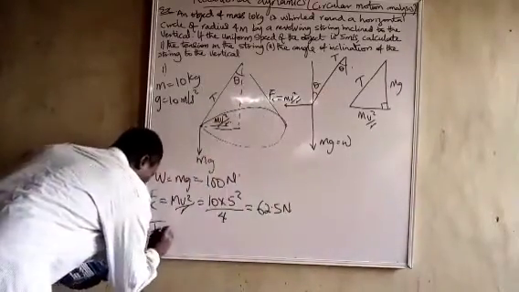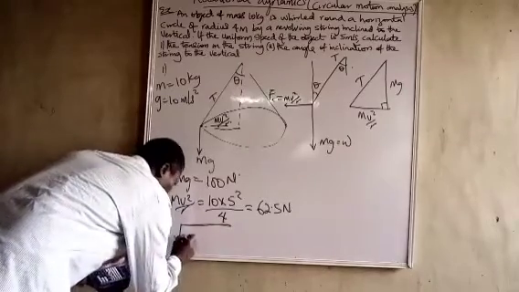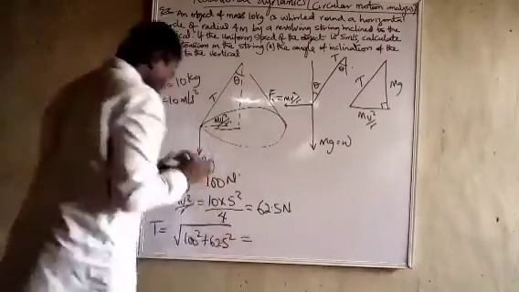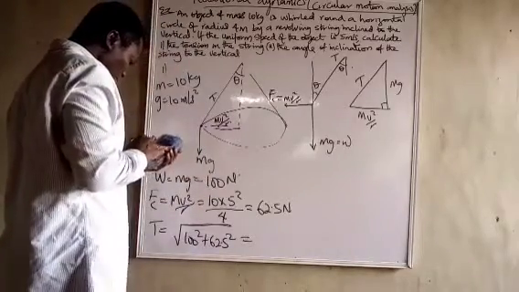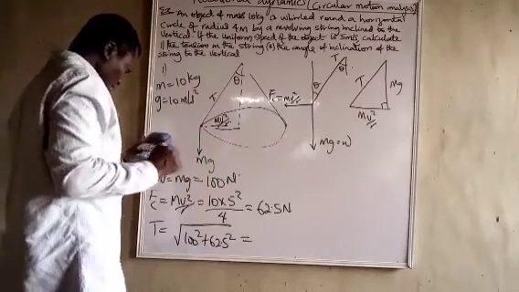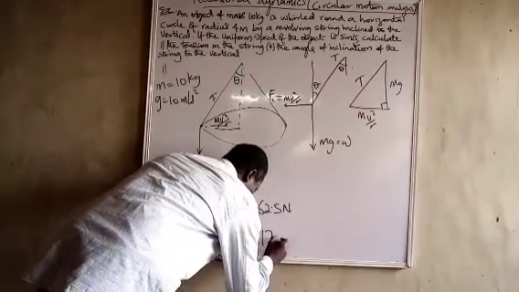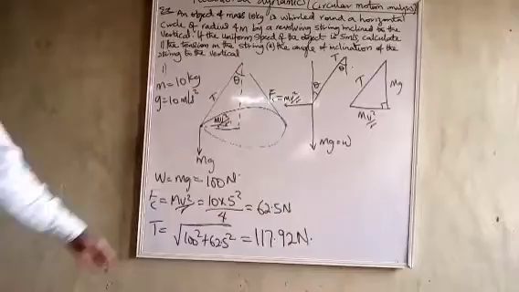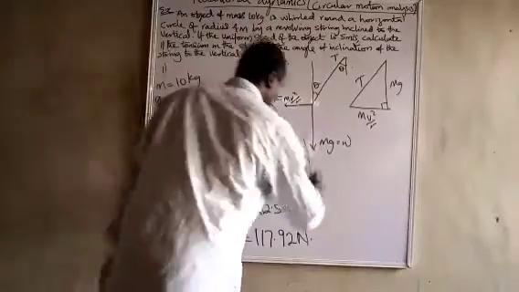Therefore, T will be equal to the square root of 100 squared plus 62.5 squared. And that gives us 117.92. So the value of the tension in the string is 117.92 newtons.